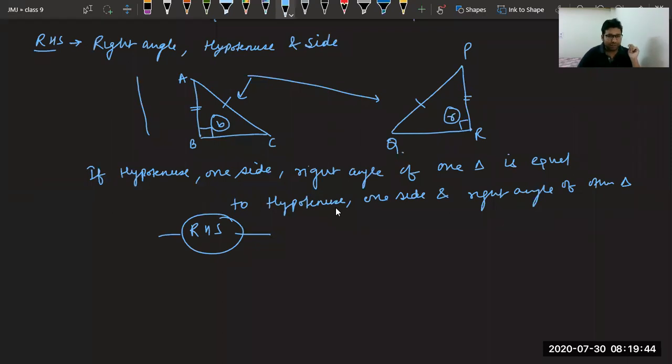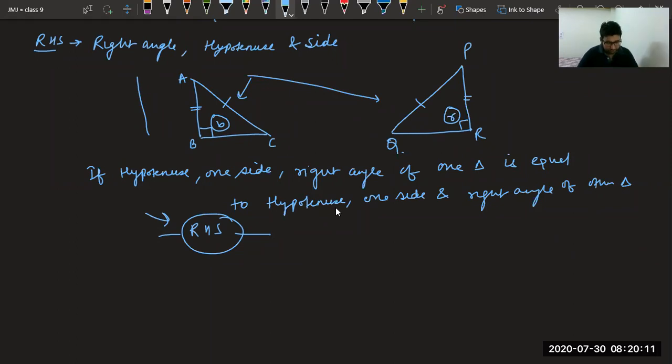First, tell me if RHS was not there, what was the criteria? If RHS was not there, what would you have said? Either you would have said SSA or ASS, which is not, no, Utkarsh, not double AS. It would have been angle side or side angle, which is not a criteria. So we couldn't have proved these two triangles congruent by any criteria.